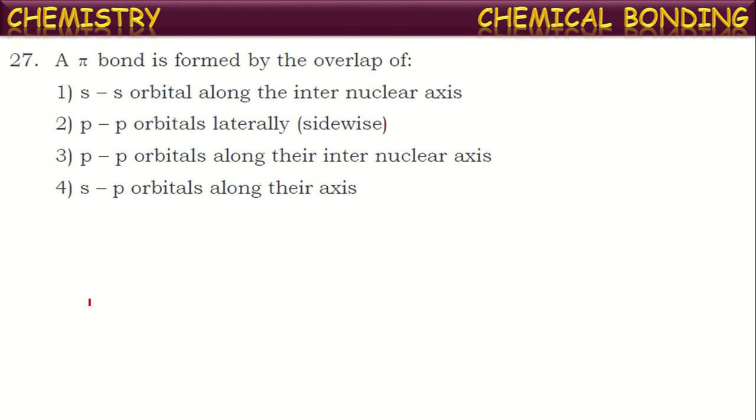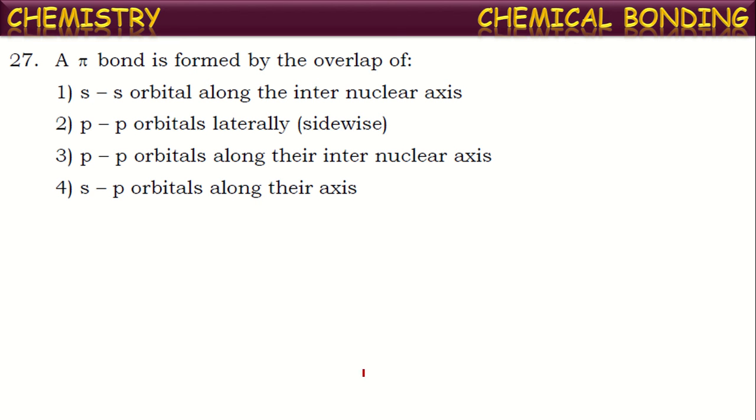Next one, a pi bond is formed by the overlap of. Just now I told you a sigma bond is formed by the overlapping of atomic orbitals on their axis of nuclei, which we say is end to end or head-on overlapping. If atomic orbitals overlap sidewise, that is laterally, perpendicular to their axis of nuclei, they result in the formation of a pi bond.